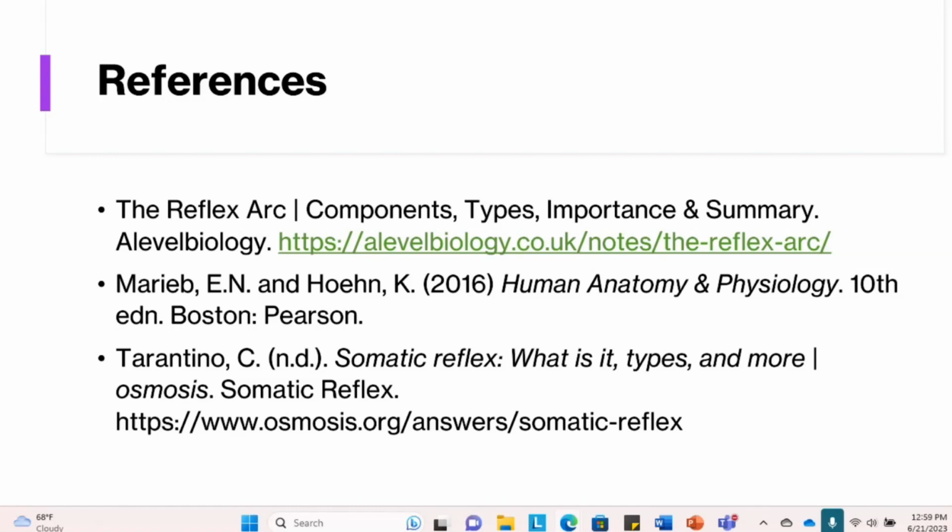Can you tell us what is the importance of the study of this arc reflex in our patient? Importance of the study of the arc reflex in our patient.